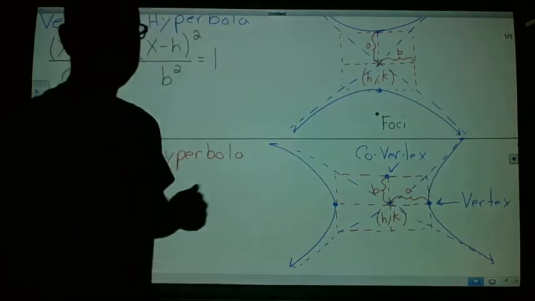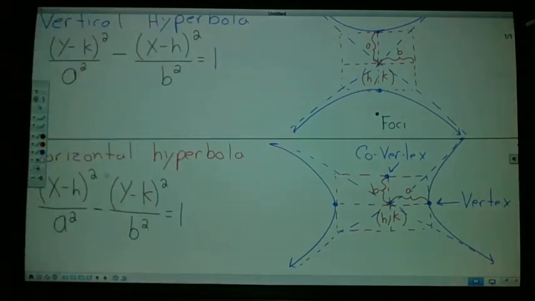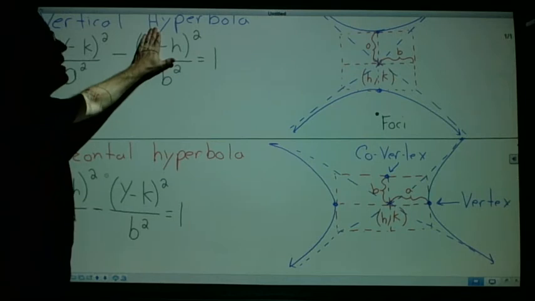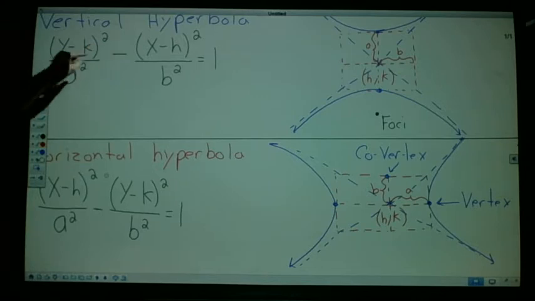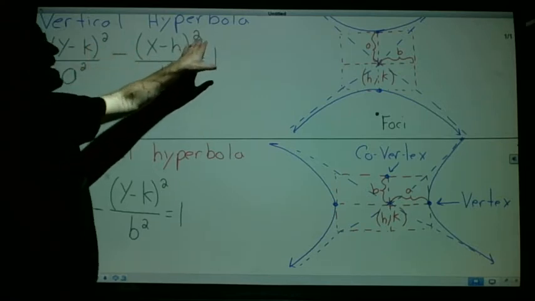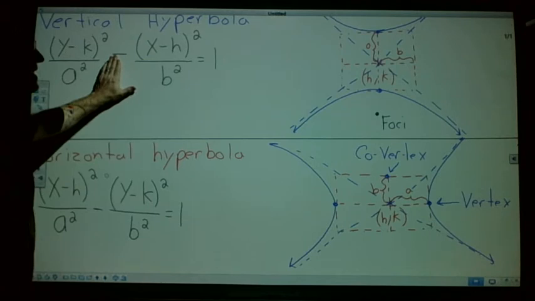But from the equation, all we have to do is look at the positive variable. So in the vertical hyperbola, y minus k squared comes first because it is positive, whereas the x minus h squared is negative.